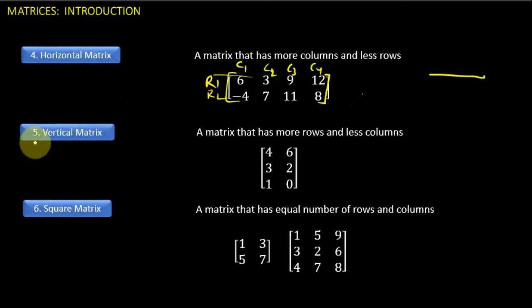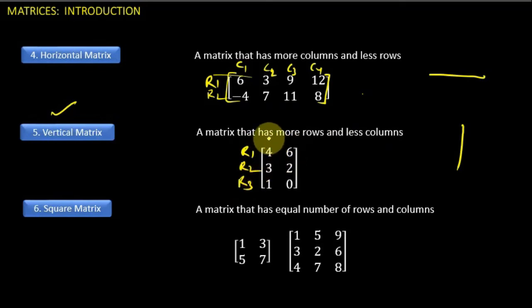Then the next type is vertical matrix. Obviously the matrix should look like a vertical line. When does the matrix look like this? If the matrix has more rows and fewer columns. See here how many rows I have? 1, 2, 3 rows.